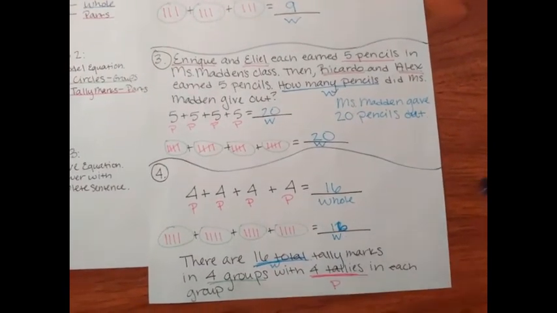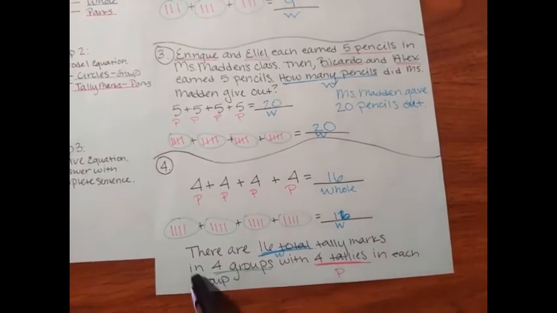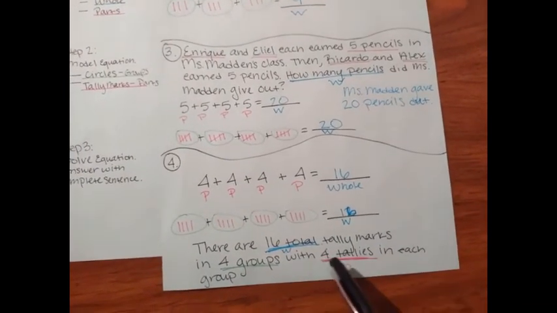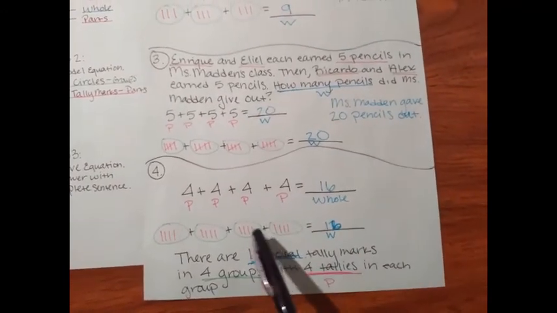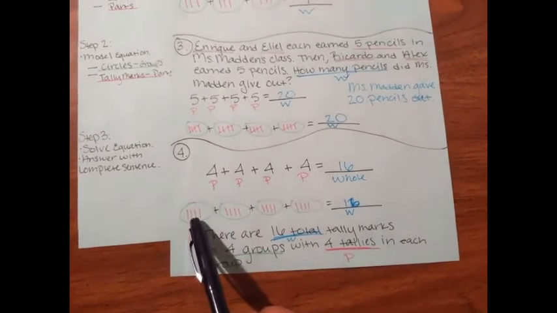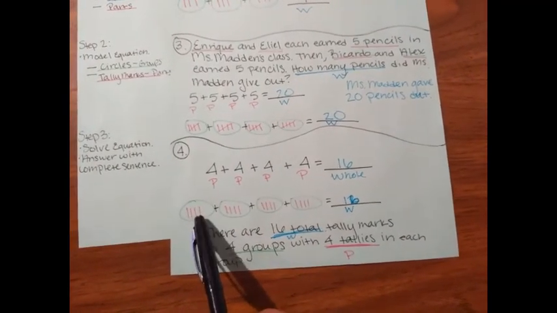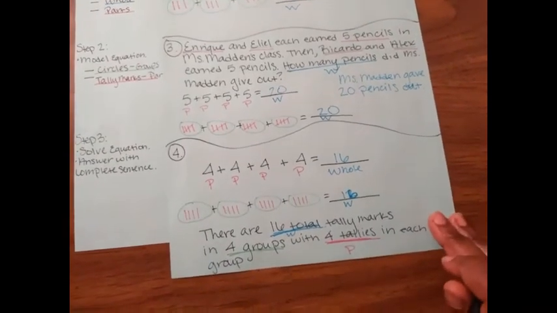Our complete sentence would be, there are 16 total tally marks in 4 groups with 4 tallies in each group. 4 tallies in each group, 1, 2, 3, 4. And 4 groups, 1, 2, 3, 4, 16 tallies total.